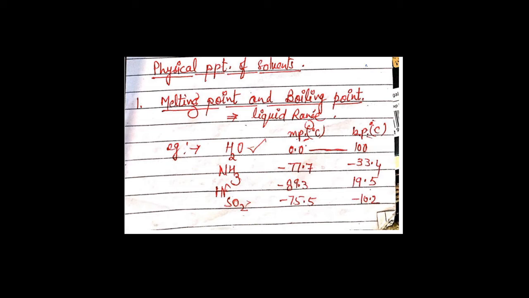The melting and boiling point of a solvent determines the temperature range within which the solvent can exist in the liquid state under atmospheric pressure. This slide shows the melting and boiling point range of four solvents: water, ammonia, HF and SO2.